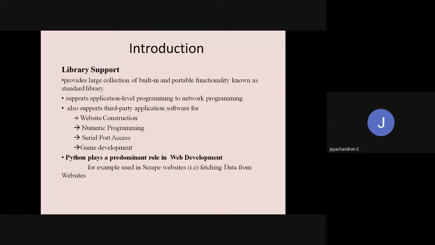Serial port access and USB, like networking purposes, are also supported by the library. And game development, for Android games, Windows games, Linux, and whatever operating system we are using, also interacts with Python. So that is also third-party application software that supports Python.